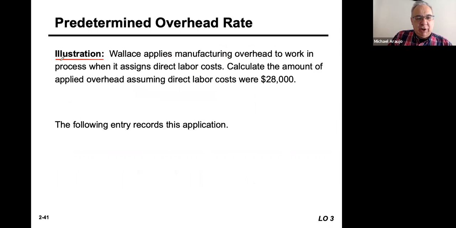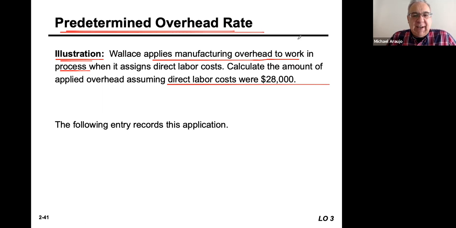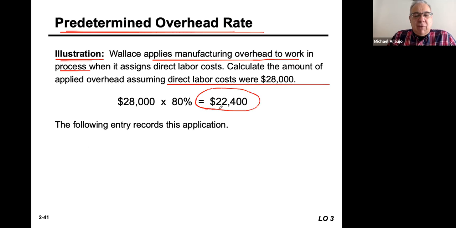So the illustration continues here. Wallace applies the overhead to the work in process, which they have to assign. They basically assign it on direct labor costs, and we know direct labor costs were $28,000. Now remember, the predetermined overhead rate, as you just saw earlier, is 80% of direct labor costs. So let's take a look. We know that 80% of the direct labor costs are $22,400.